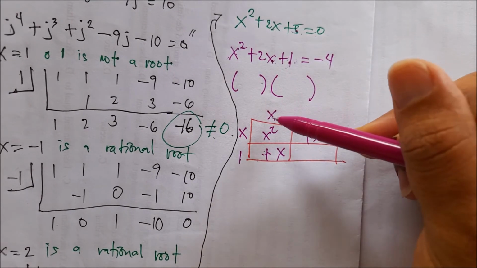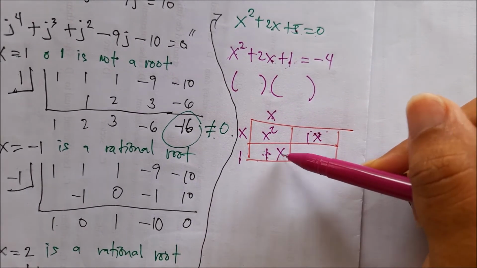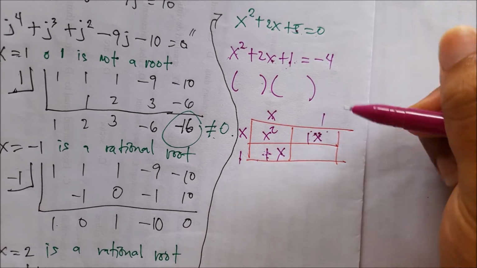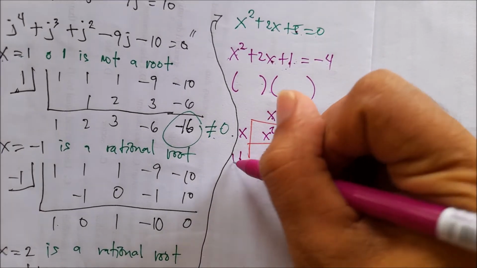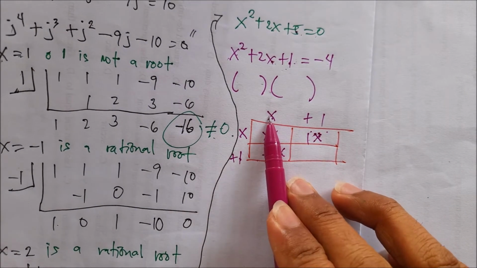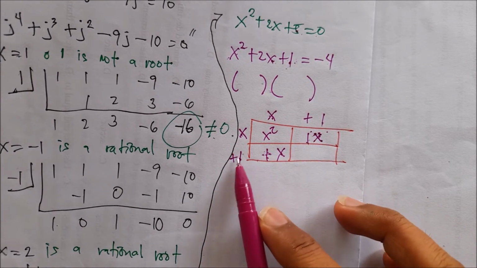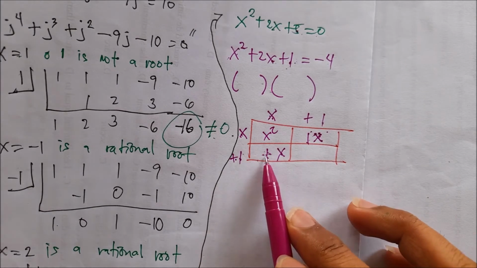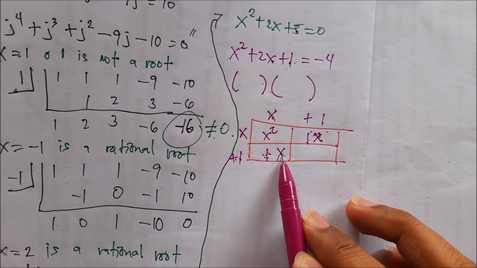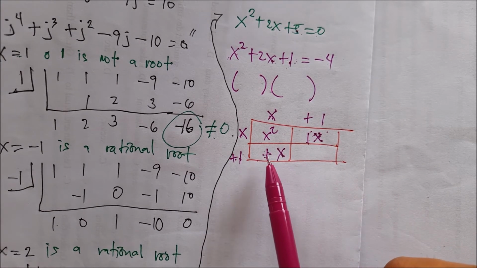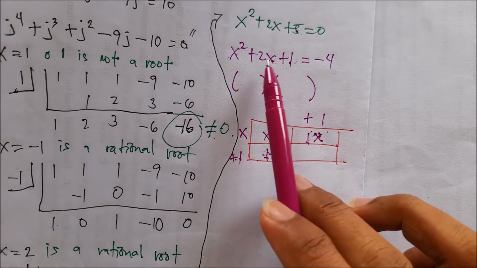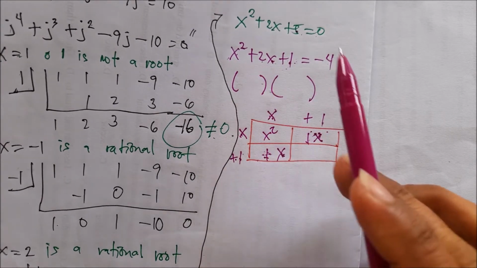Why is it 1? X times positive 1 equals positive 1x. Then positive 1 times x is positive x. If you add 1x plus 1x, it equals the second term, which is 2x.